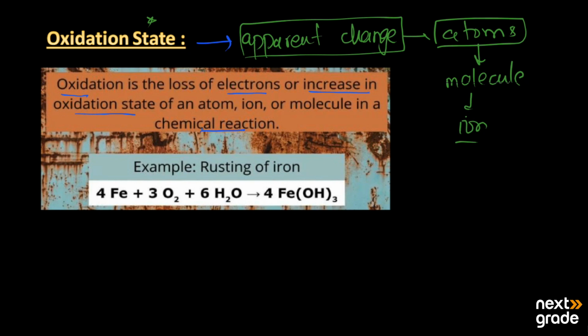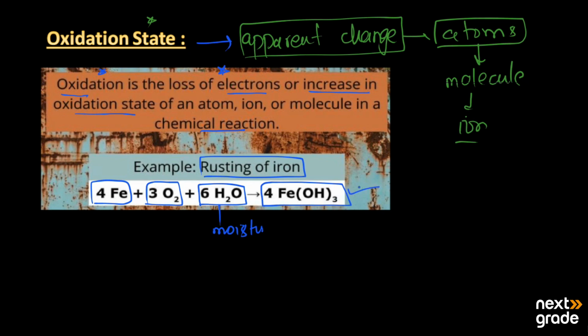Now, oxidation is developed due to the loss of electrons, and it is an increase in the oxidation state. A simple example of the oxidation process is the rusting of iron. When iron comes in contact with oxygen and water, or in the presence of moisture, the compound Fe(OH)3 is formed.